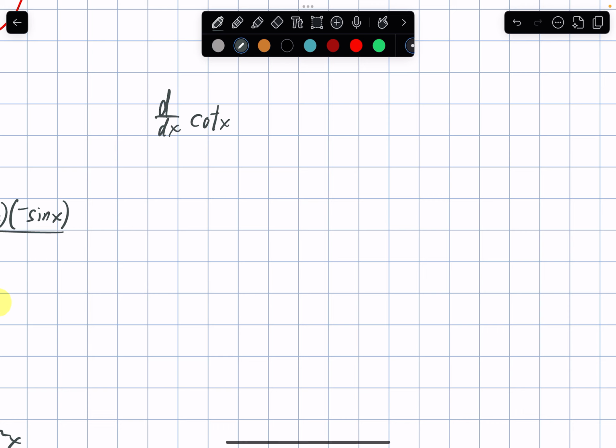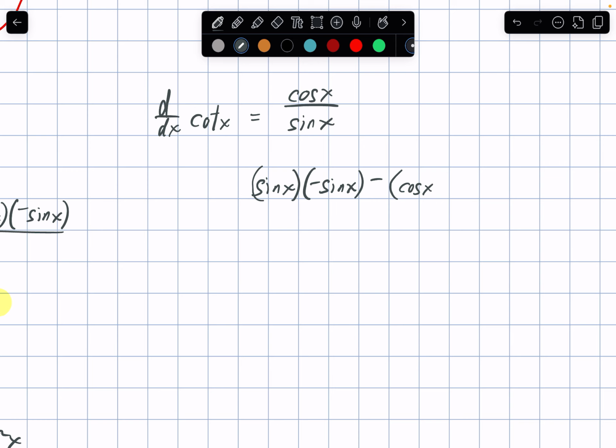What about the derivative of cotangent x? We can rewrite that as this, and then use the quotient rule. Factor out the negative sign.